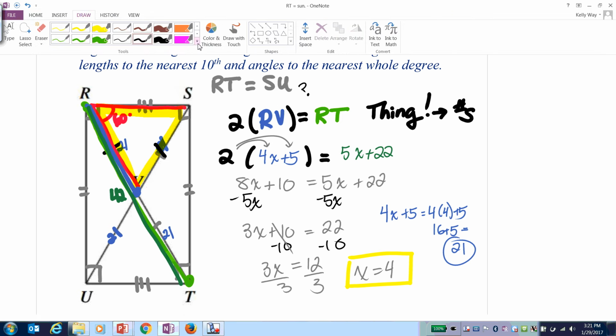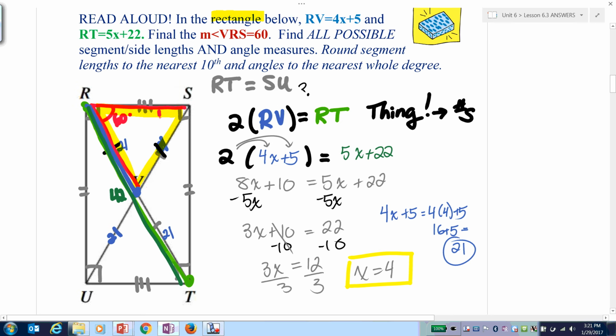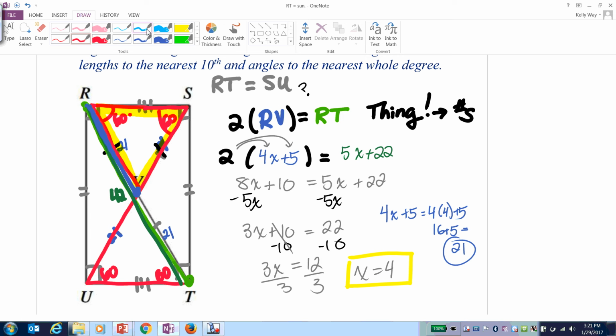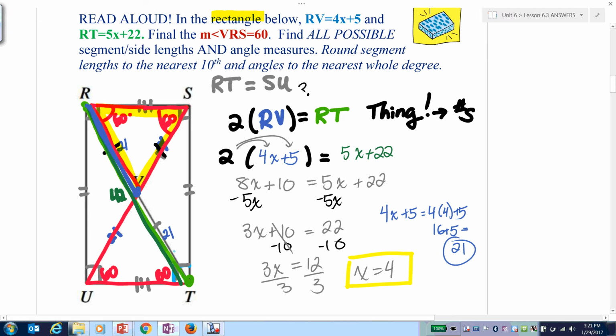So if that's 60 on one side, 2 equal sides, 2 equal angles, that's 60 on the other. Then you have armpits of a Z going on. That's 60 degrees. That's 60 degrees. And then because of the 90, we have ourselves 30 here, 30, 30, all the way around.